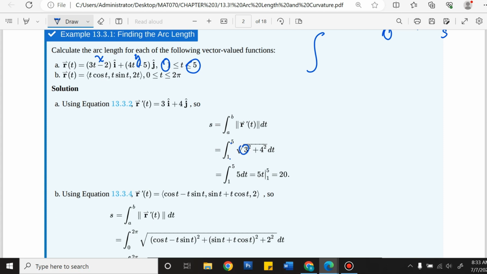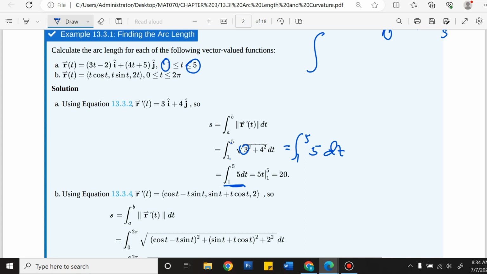Derivative of 4t plus 5, we have 4. Now, we square both of those. We will have 9 plus 16, which is 25. So, this will be the integral from 1 to 5 of the square root of 25, which is equal to 5 dt.